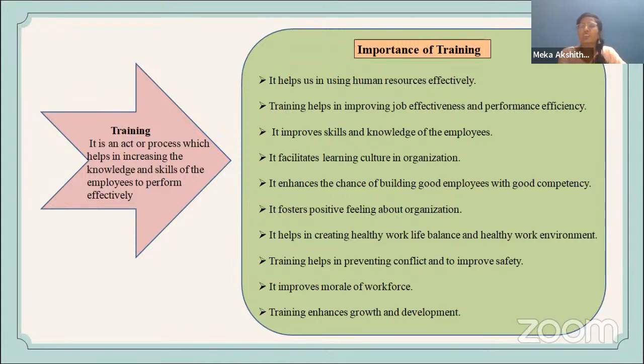Training helps in improving job effectiveness and performance efficiency. After getting trained, when your organization provides training, it helps you do an effective job, and it improves your performance, wherein you would be performing better than earlier.